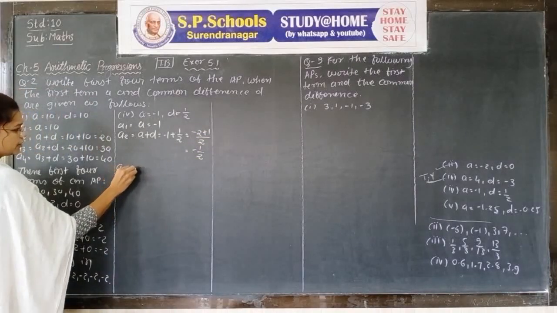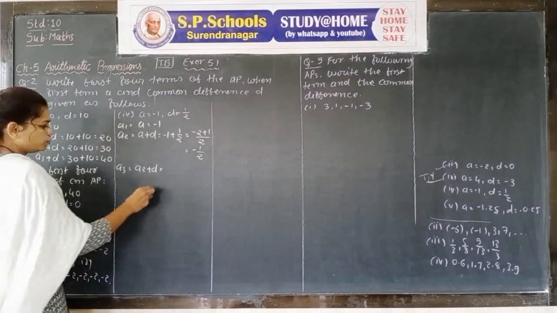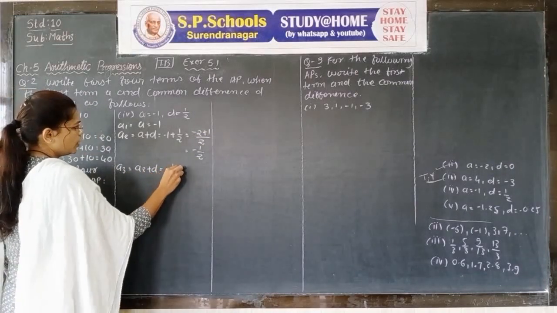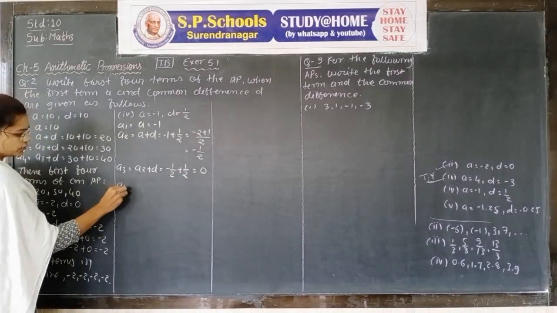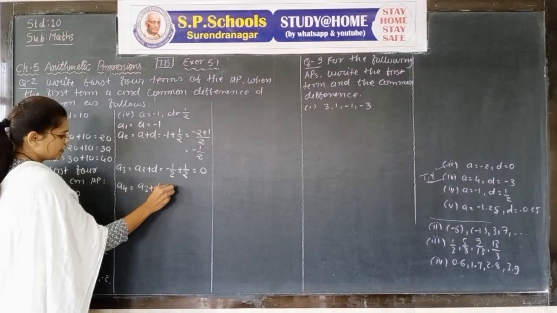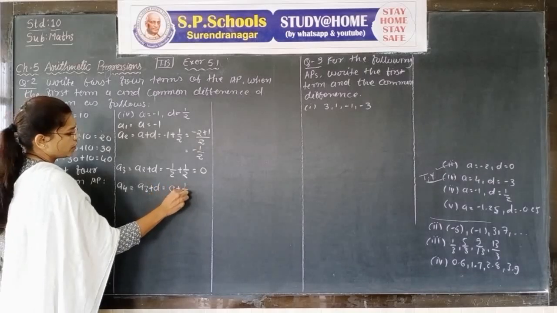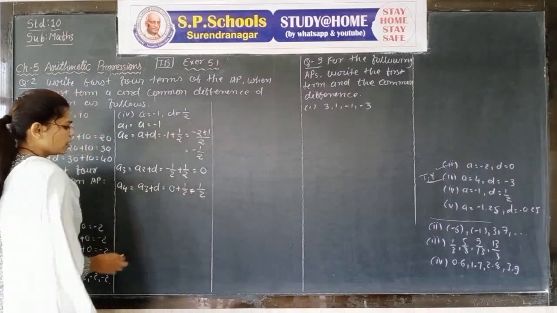Third term A3 is equal to A2 plus D, where A2 is -1/2 plus D is 1/2, and we obtain 0. Fourth term A4 is equal to A3 plus D, where A3 is 0 and D is 1/2. The required term is 1/2, which is our fourth term.